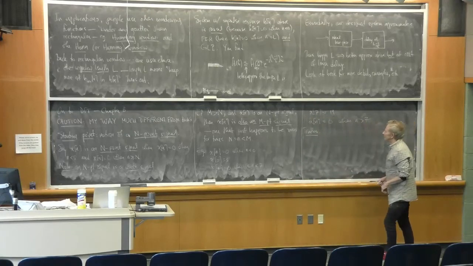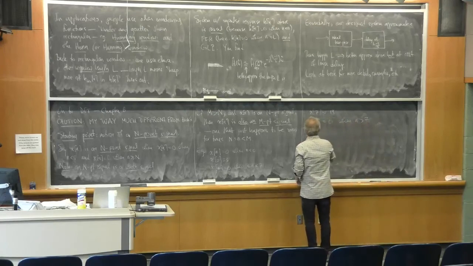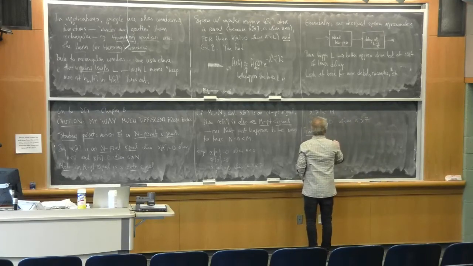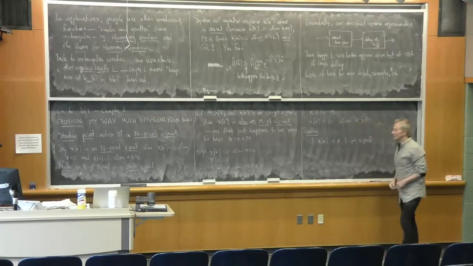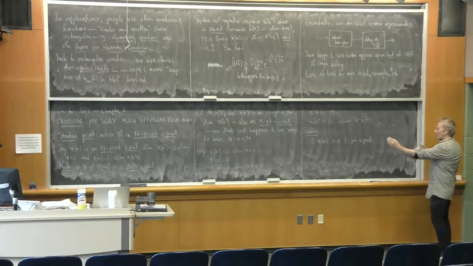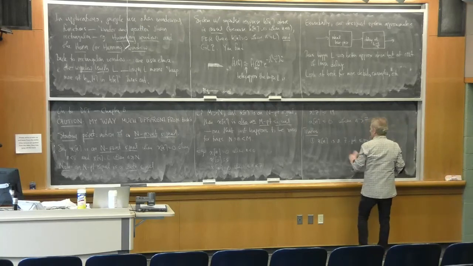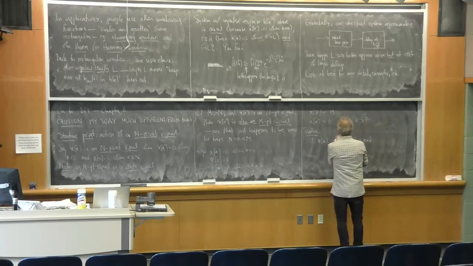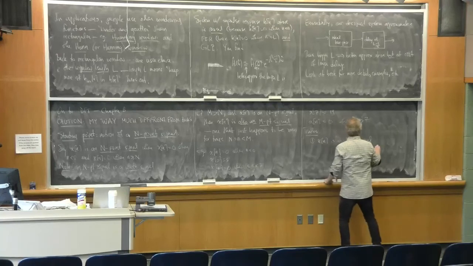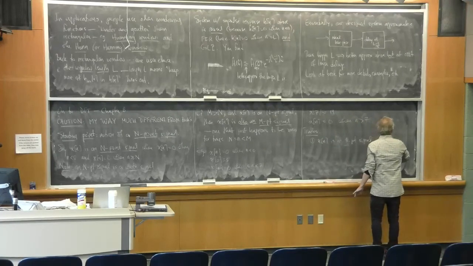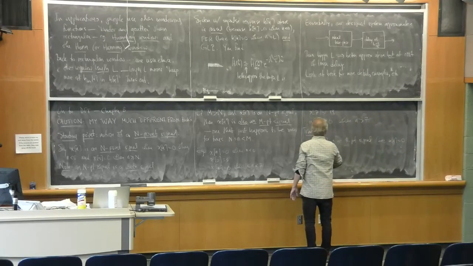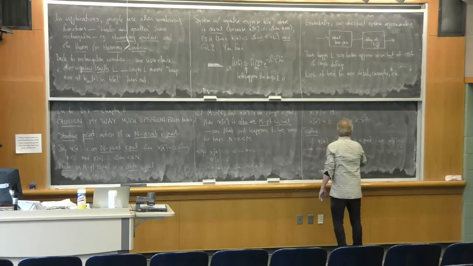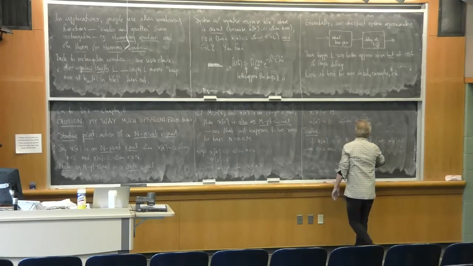X of n is an 8-point signal, because x of n equals 0 when n is less than 0, and x of n equals 0 when n is bigger than or equal to 8.